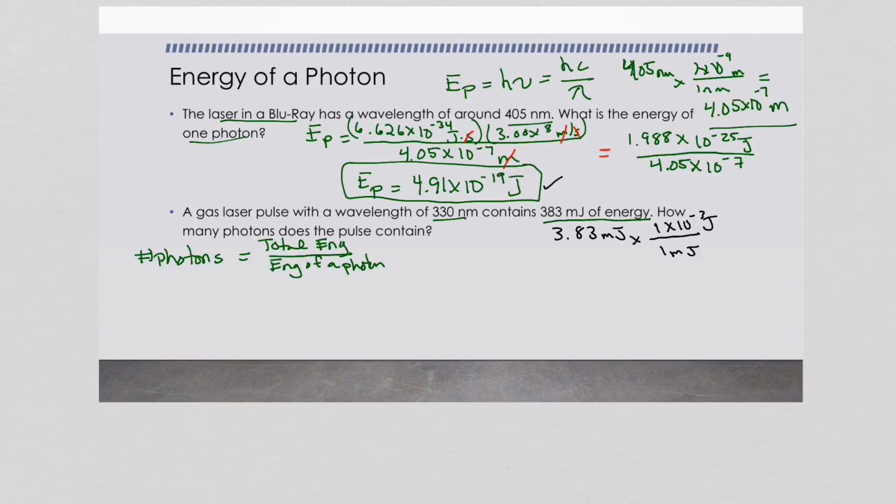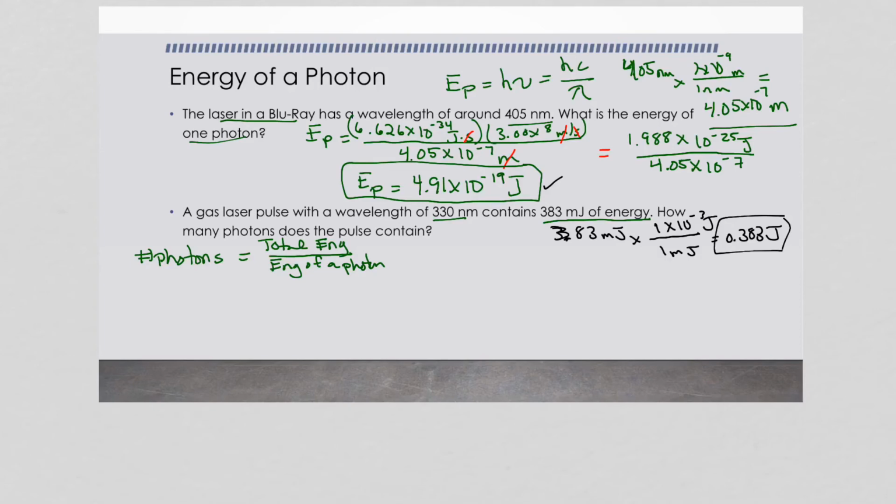So 383 millijoules is equal to 0.383 joules. That's the total amount of energy we emitted.